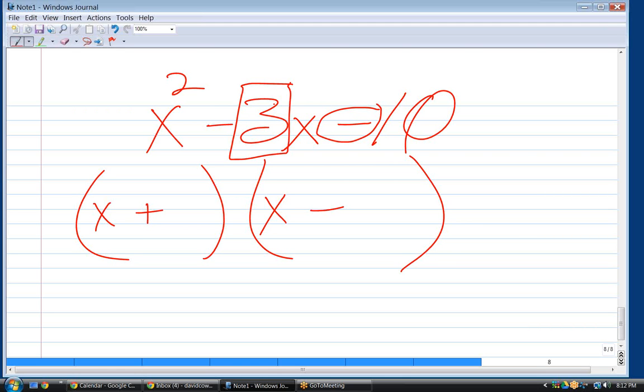That's right. The reason they have to subtract is because of this negative sign that I've circled. So what are factors of 10 that subtract to 3? 2 and 5. Where's the 5 go? 5's going to go on the minus. Exactly. You got it.